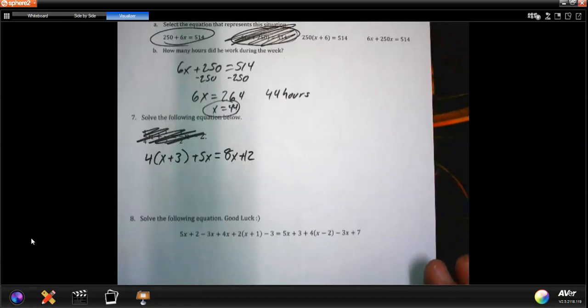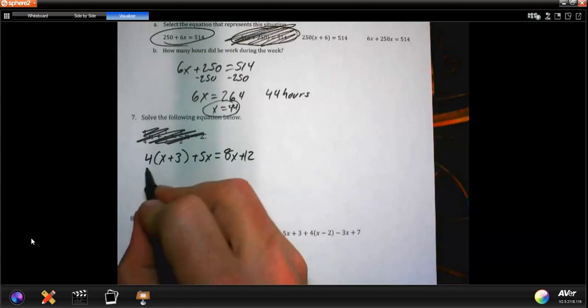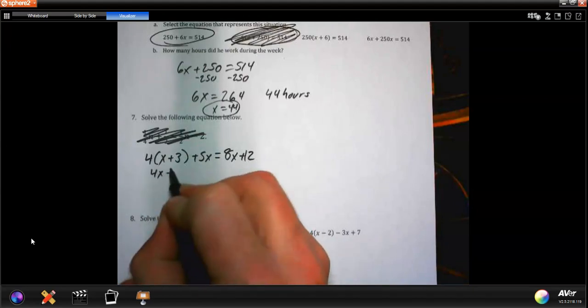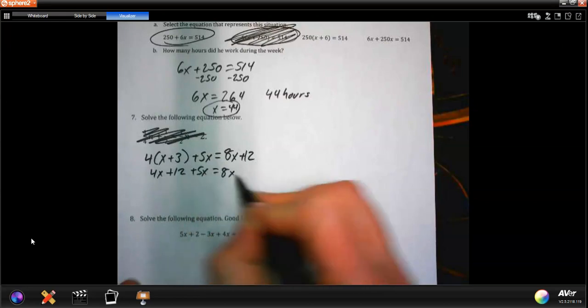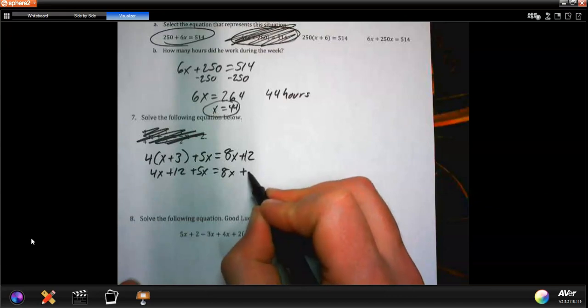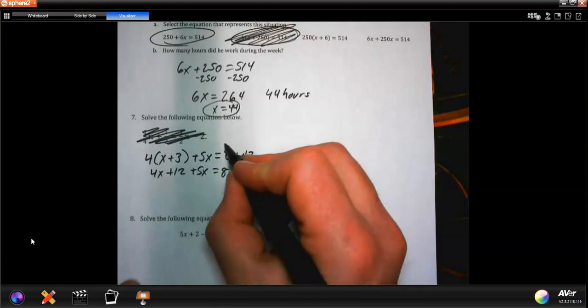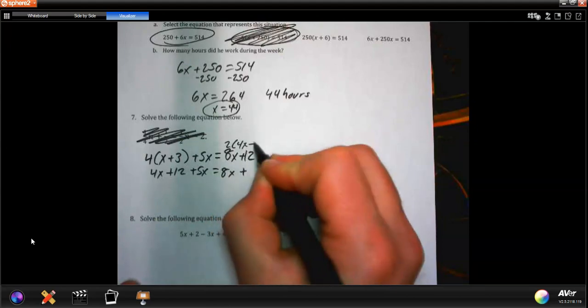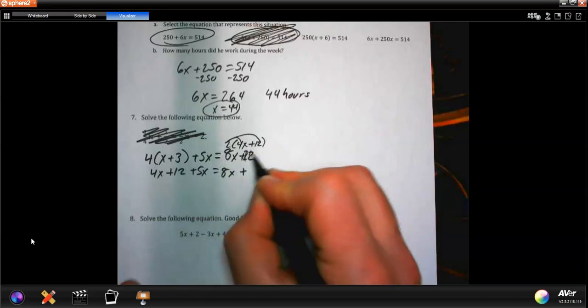Okay, I had to simplify that problem down, so now here's the actual problem that'll be on your version. So let's get to multiplying. 4x plus 12 plus 5x equals 8x plus 24, because it's actually 2 times 4x plus 12, my bad guys, and that becomes an 8x, and that becomes a 24.